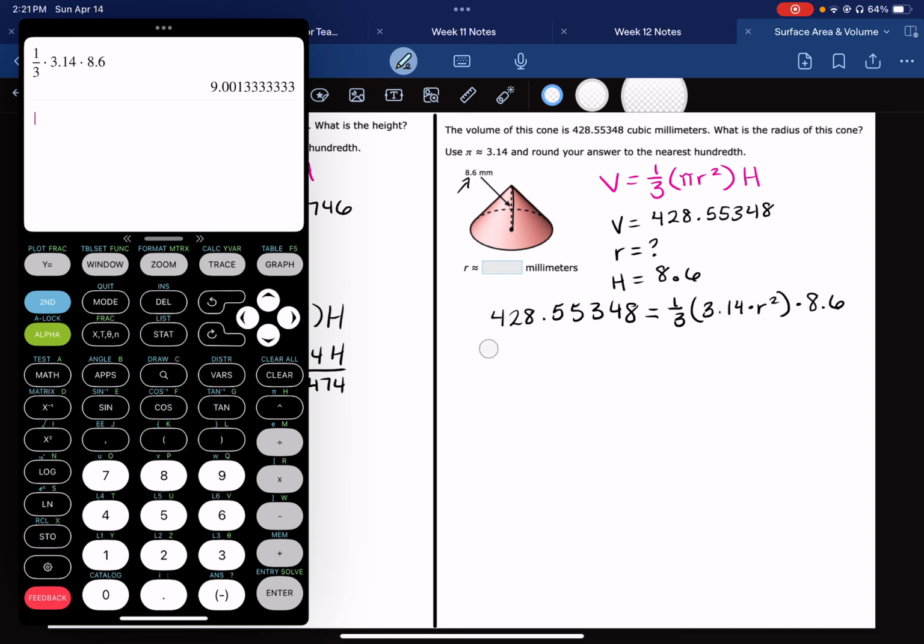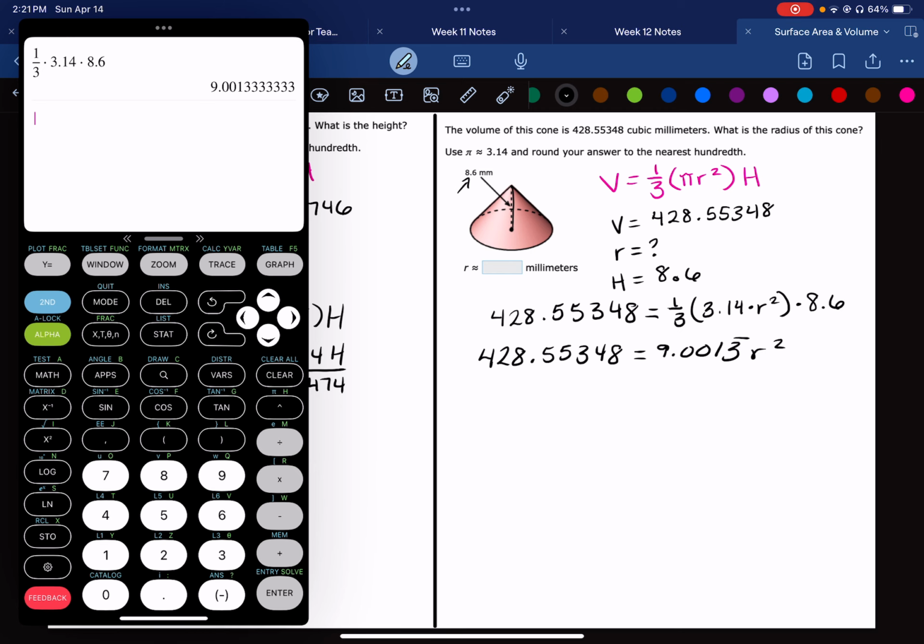Okay, so the next line we're going to get 428.55348 is equal to 9.0013, and a bar over the 3 to show that it does continue, times r squared.